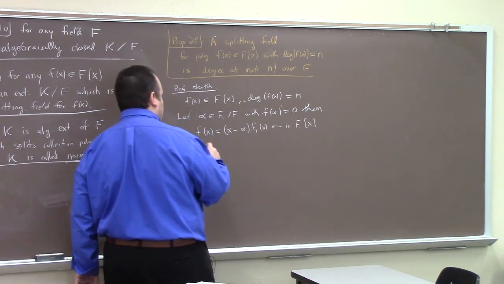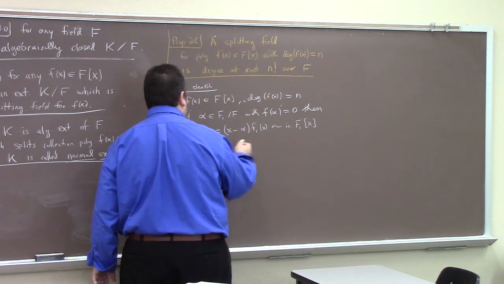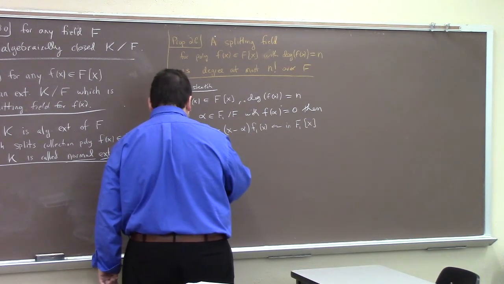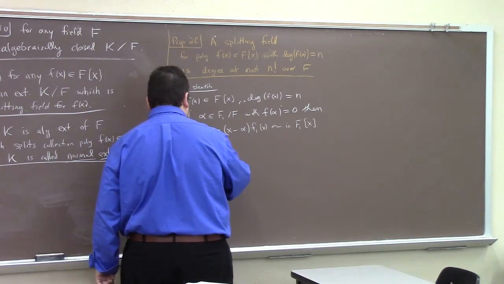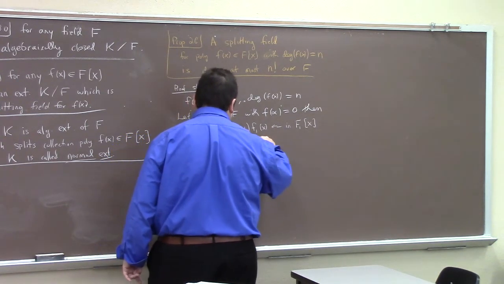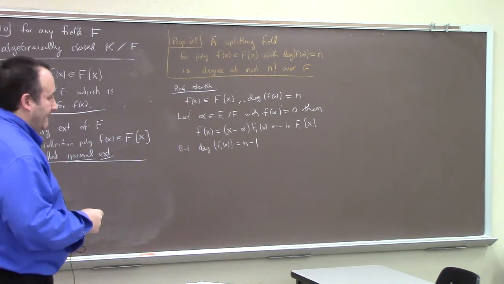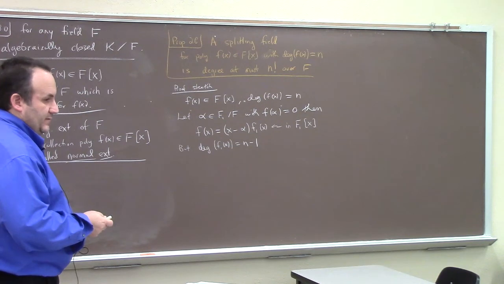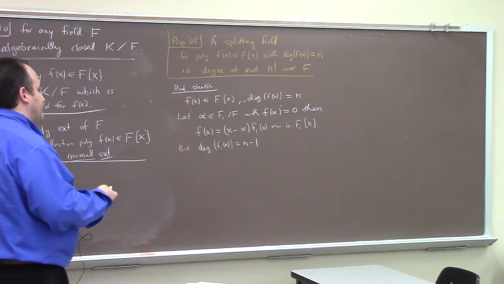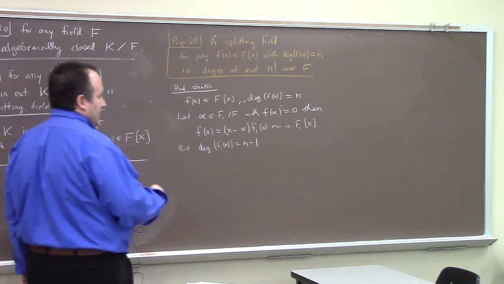The degree of f1 of x would be n minus 1, right? And you can keep doing that with f1. That's where you get the factorial.